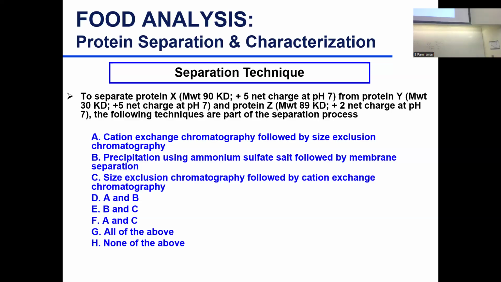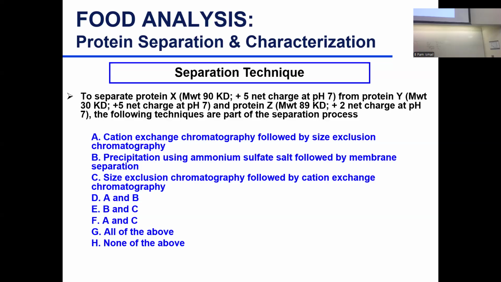If I do salt, I can precipitate which one first? Which one will precipitate first if I use a salt concentration that is not too concentrated? X, Y, or Z? Z, yeah, because it carries the least charge.